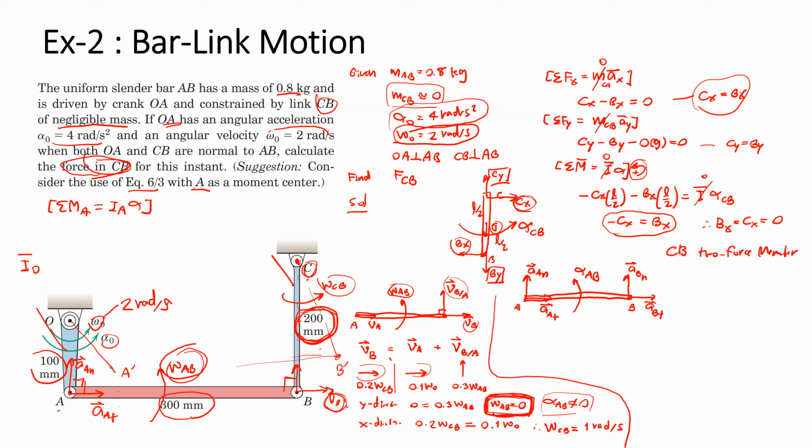Omega is zero, but it doesn't mean alpha is zero. We still don't know the value of alpha. But what happens if we have alpha?